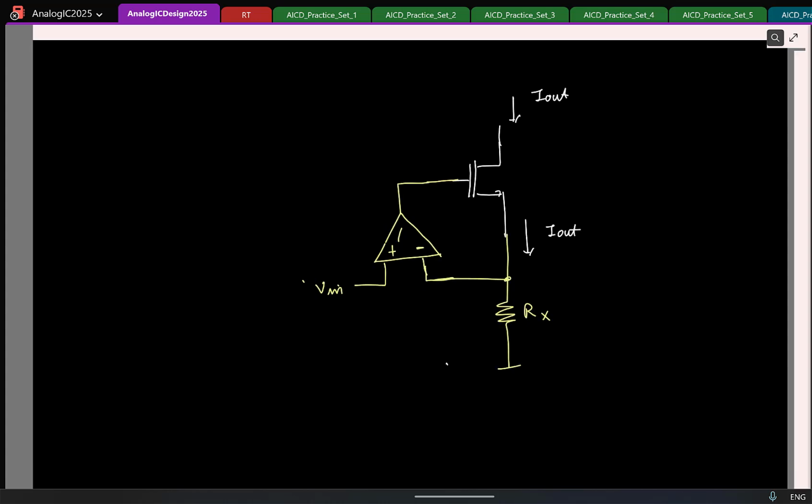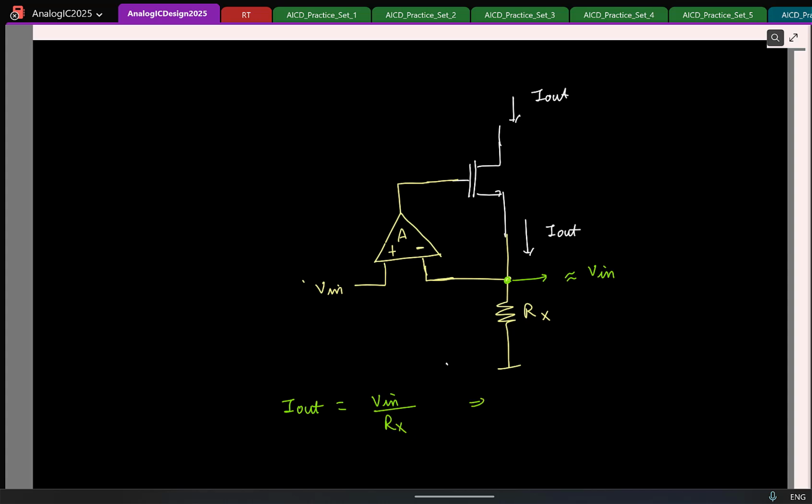So let's assume that the gain A is really large, and you know this guy is a negative feedback. So which means what can you say about this voltage here? That's approximately V in. So which means what can you say about I out? I out is V in by Rx.